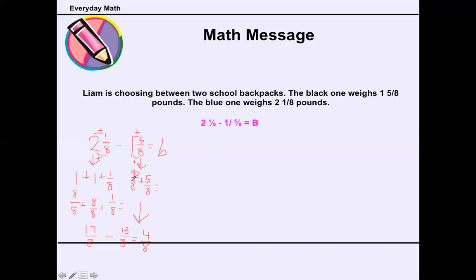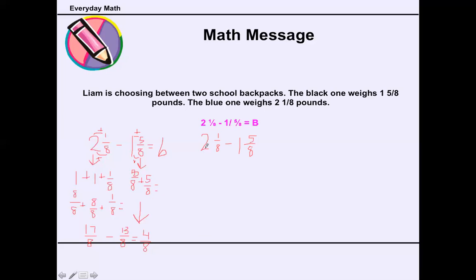Okay? Another way we could do this is by decomposing the fraction. Kind of similar to what we just did, but a little different. So 2 1/8 minus 1 5/8. Now when I subtract mixed numbers, remember I can't subtract a whole number by a fraction.